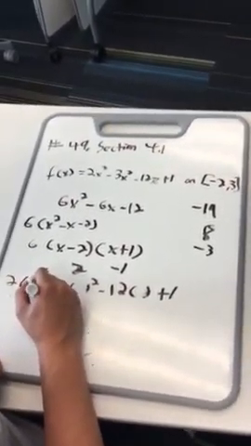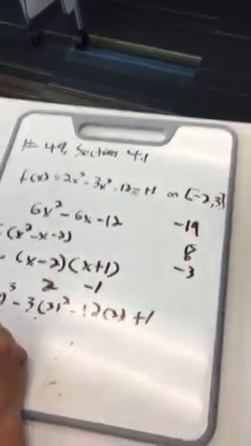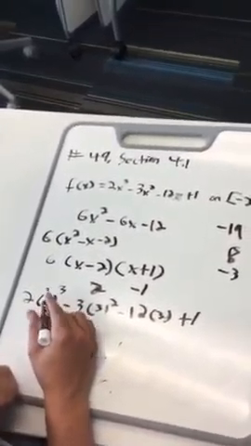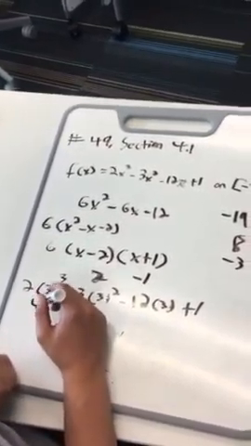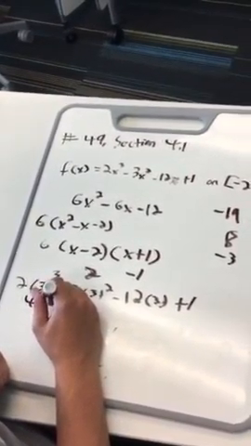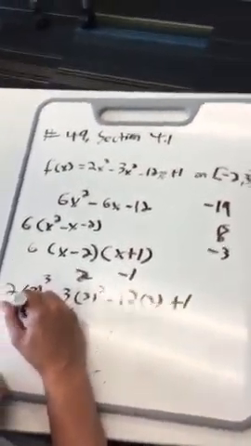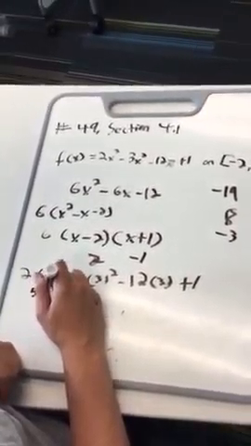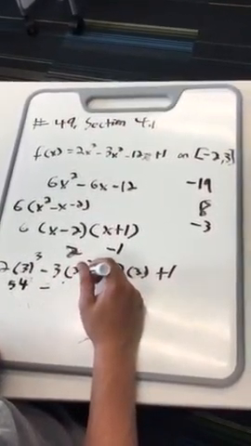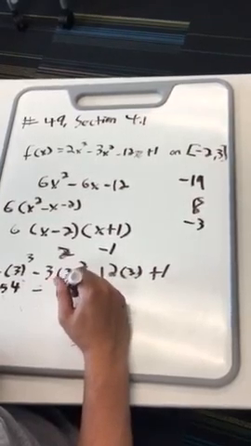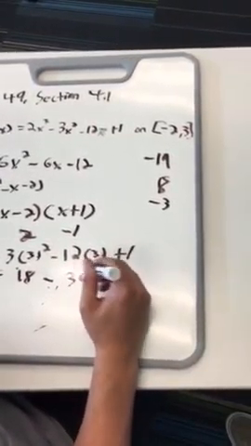So we have 2 times 3 cubed, so 3 cubed is 27, so that would be 54. Minus 3 times 3 squared, so 9, so that would be minus 18. And this would be minus 36 plus 1.